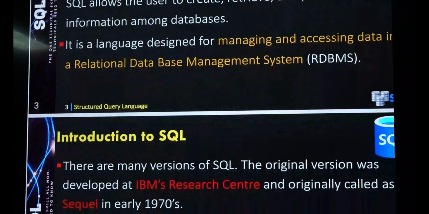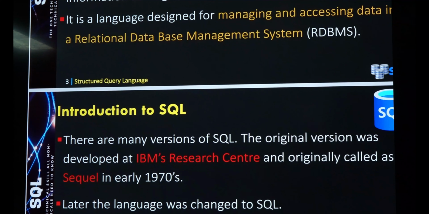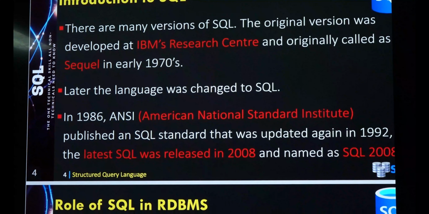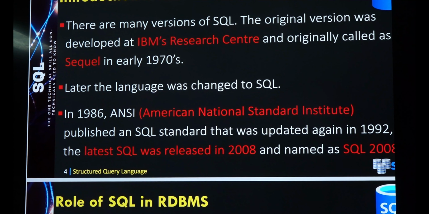There are many versions of SQL. The original version was developed at IBM Research Center. You know, IBM stands for International Business Machines. It was originally called SEQUEL in the early 1970s.